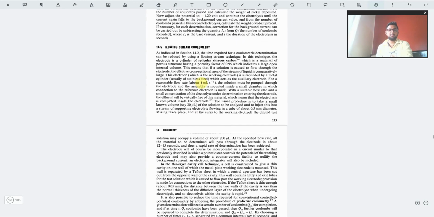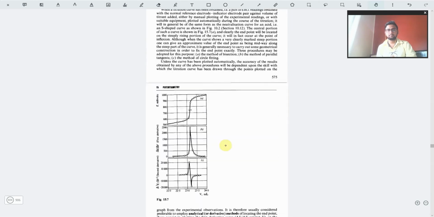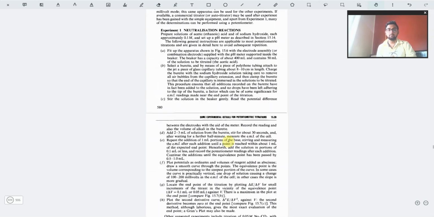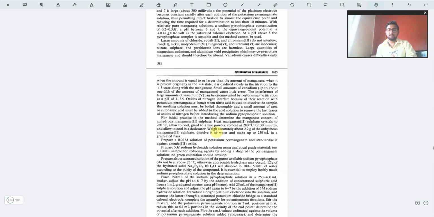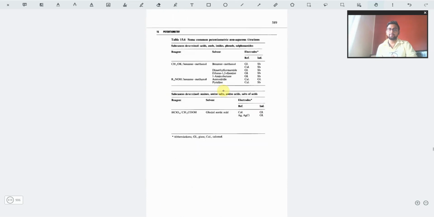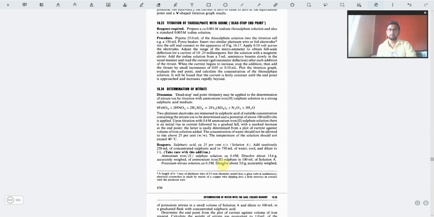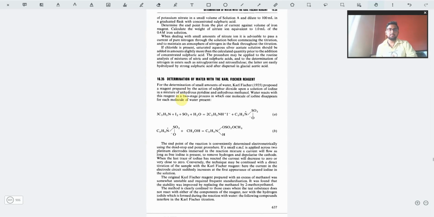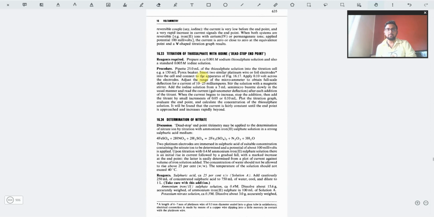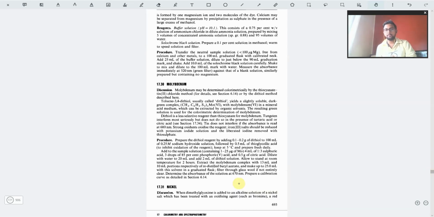Coulometry, basically coulometry is not so much important. Potentiometric titration using precipitation. Then we have EDTA mercury electrolyte complex. We have the Nernst equation going on over here. And then we have the determination of nitrate from voltammetry, and obviously voltammetry I'm not reviewing anywhere.